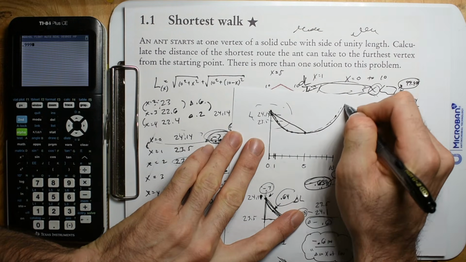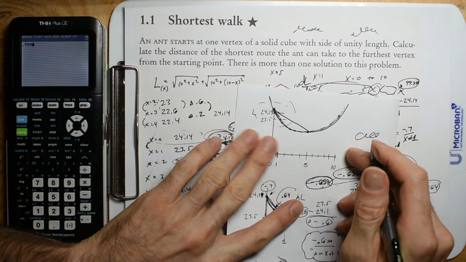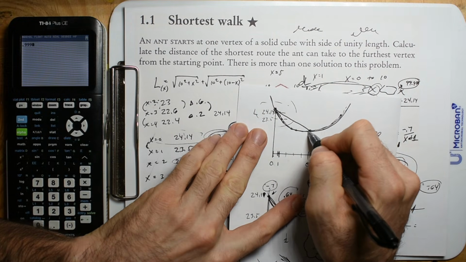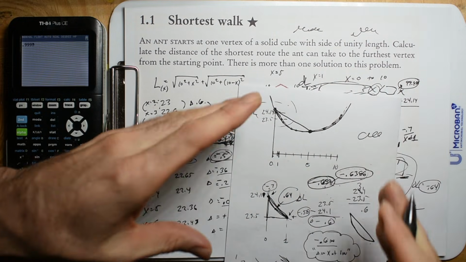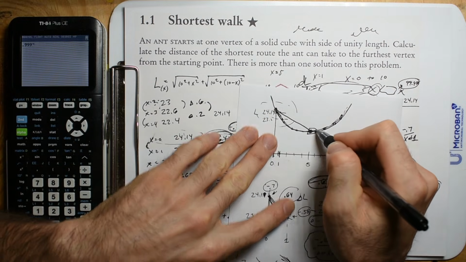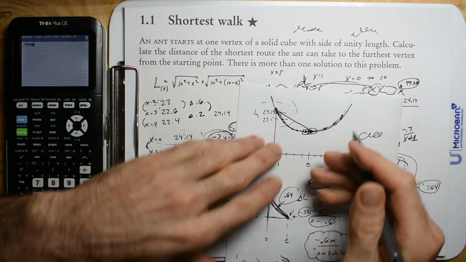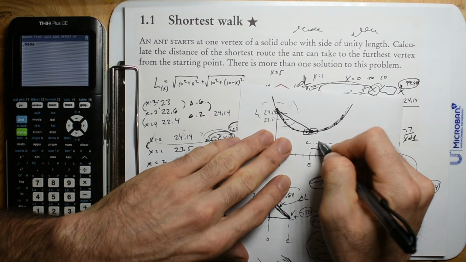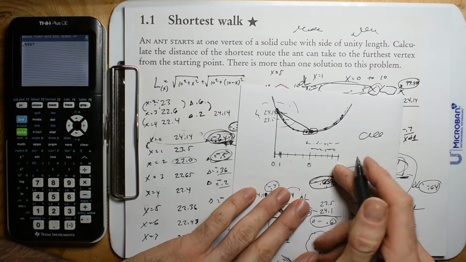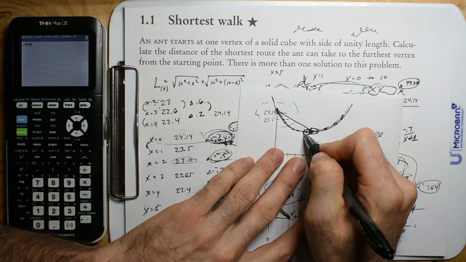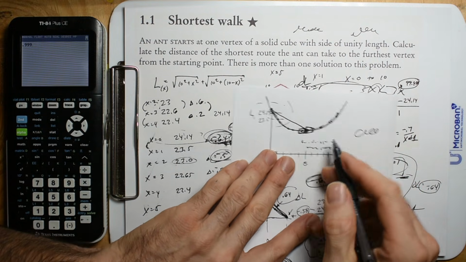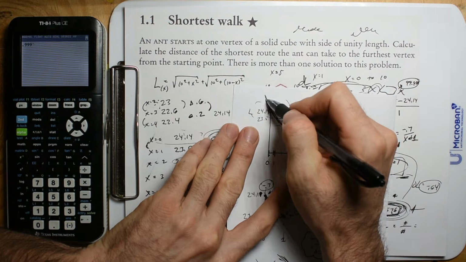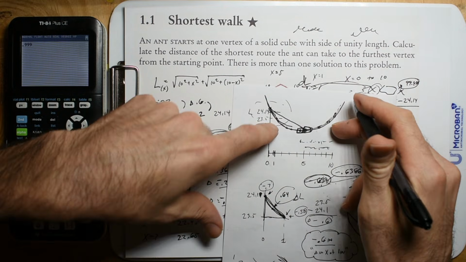If you just see this, it doesn't mean you fully understand it, or that you've explored any of these points. The second you zoom in, calculate a value, and then calculate a value right next to it, you get decimal numbers and can visually see the difference between them. That's going to be way more valuable. And if you're not using your calculators, some people don't even see this graph.